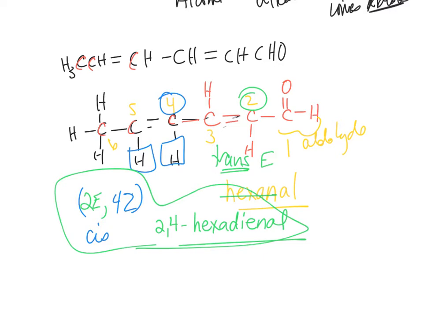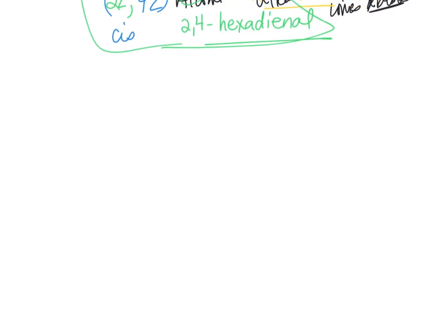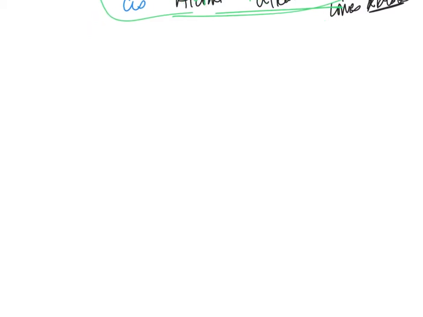Okay, another example. So that's cis and trans. You need to be able to do cis and trans. We also have R and S, so let's look at some R and S examples. All right, so here we have a diol.